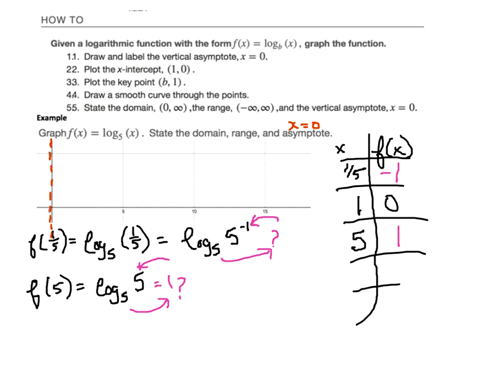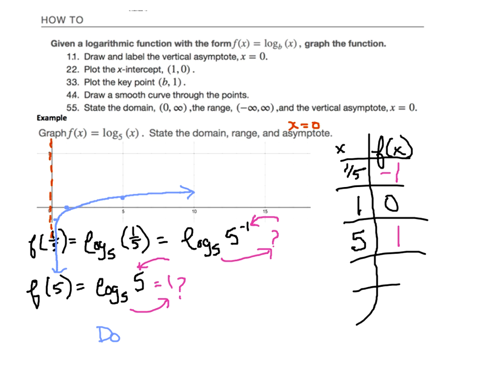Okay, I'm going to go ahead and put this onto the graph. 1/5, -1 is about right here, and I've got 1, 0 and 5, 1. So this thing comes up from -infinity, getting closer and closer to that vertical asymptote, and then kind of, it doesn't level off, but it's increasing at a very low rate.